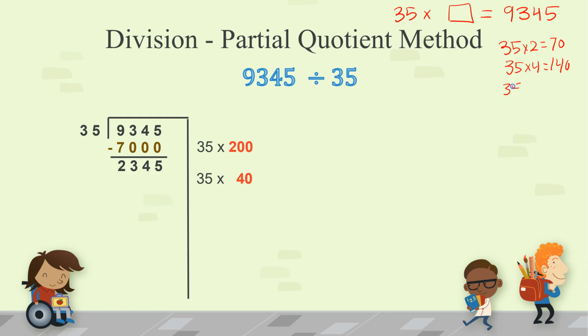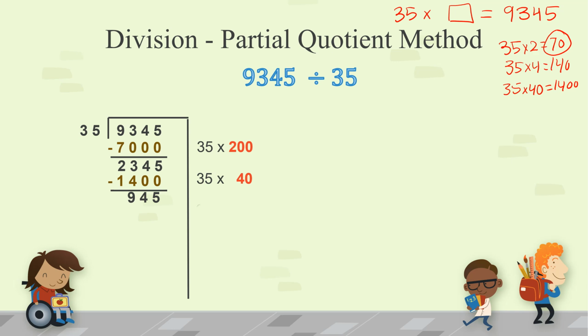So 35 times 40 must be 1,400. And I'm going to subtract. Okay, I have that left. Now remember that 70. How am I going to use that to get to 945?